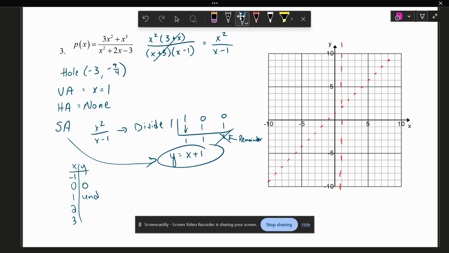So -1/2. So if I graph those two right now, 0, 0, and -1, -1/2, I could kind of see where this is heading.